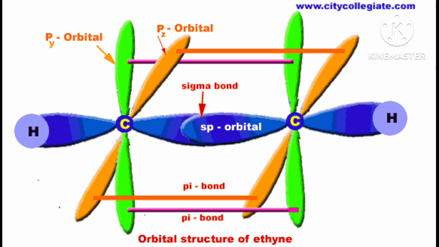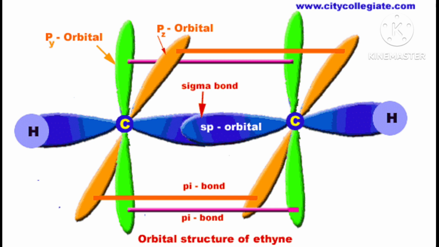And other things, bond length. The carbon-carbon triple bond length is shorter, because whenever the bond is strong, the bond length will be less, because the atoms will be closer.